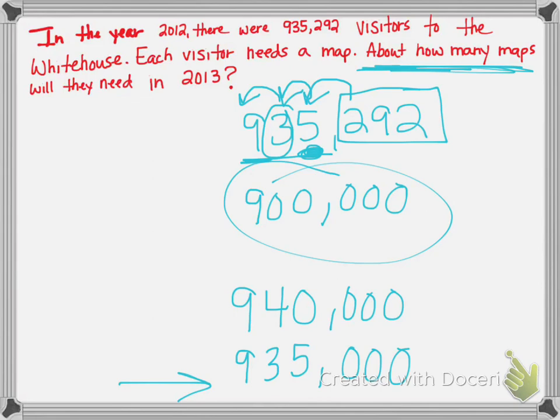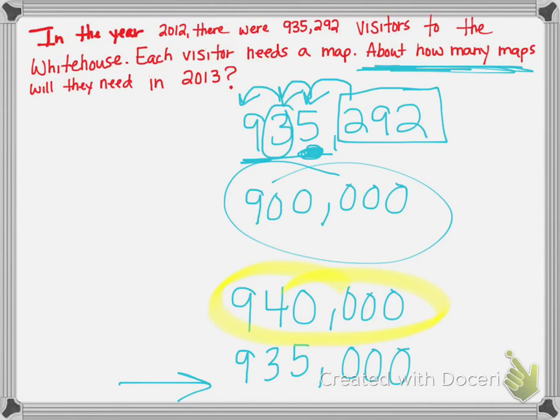So it's better to overestimate than to underestimate. So I think the best bet would be to round to the 10,000s place. So they will need about 940,000 maps. And that's an overestimate instead of an underestimate.